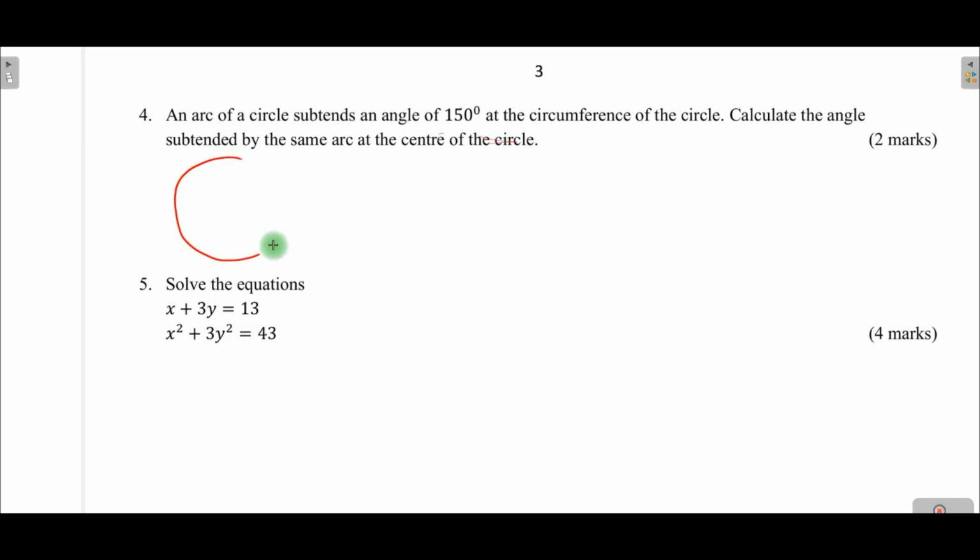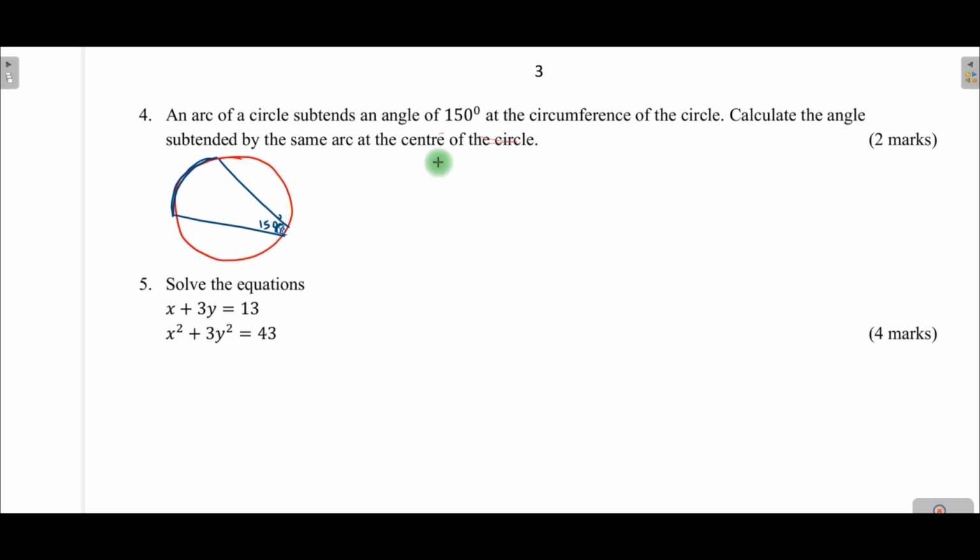Considering this is the circle, and then we have this arc subtending. So this angle here subtended at the circumference is 150 degrees.